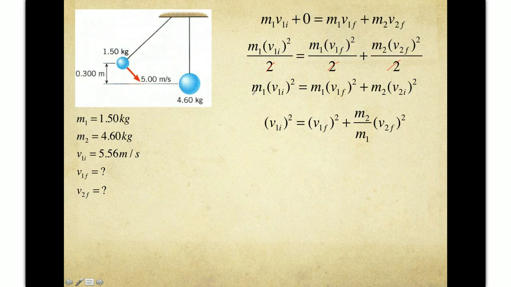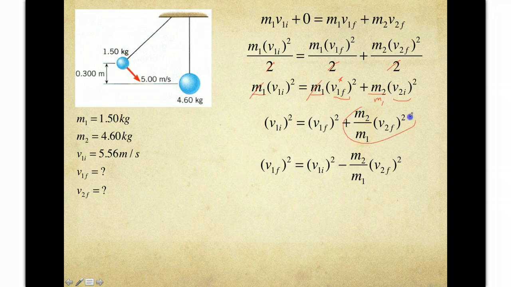I'm taking out M1, dividing it here, so I get M1, and these cancel. Since I'm interested in either this or that, I'm going to pick this one and rearrange this formula in order to get my V1 final squared. So I take this right here, put it with a minus on the other side, and then divide. Well, not divide, it's already given.